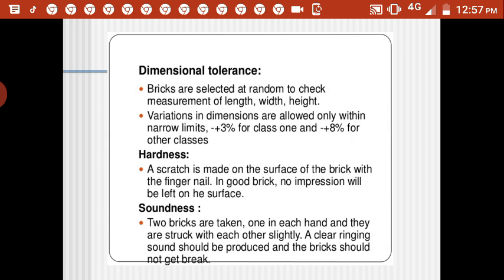The ringing sound varies from 1 to 10 seconds for different bricks. Some bricks it will be restricted to 5 seconds, and some bricks up to 7 seconds. Some bricks it will finish within 4 seconds.